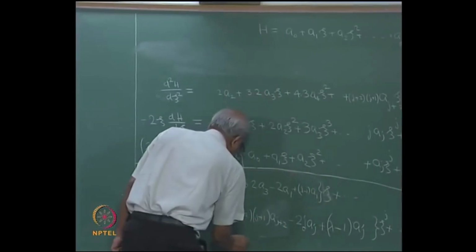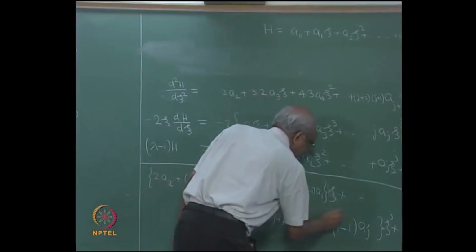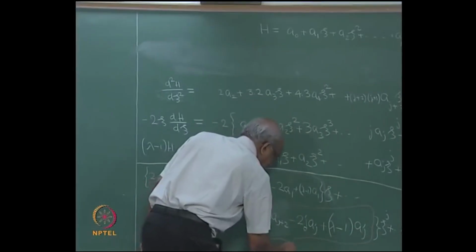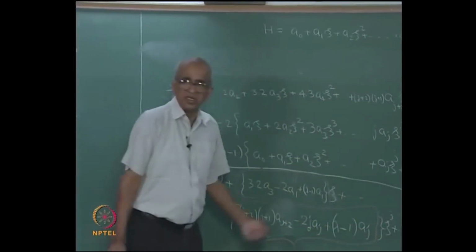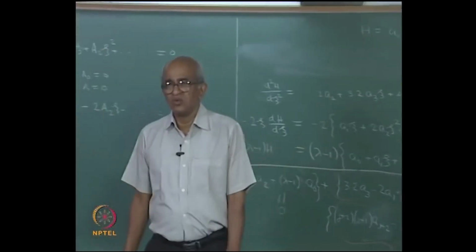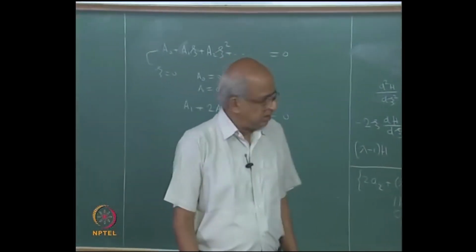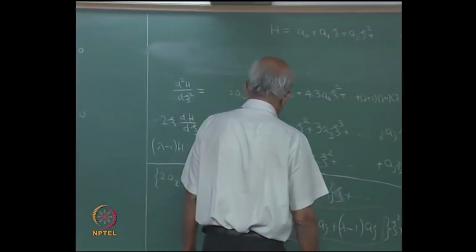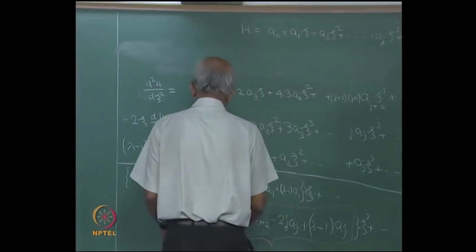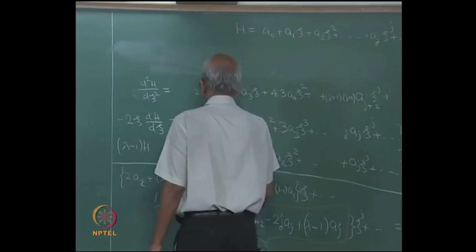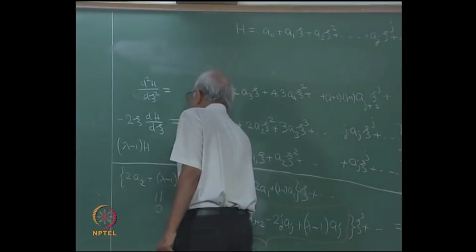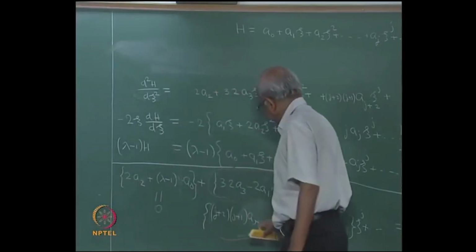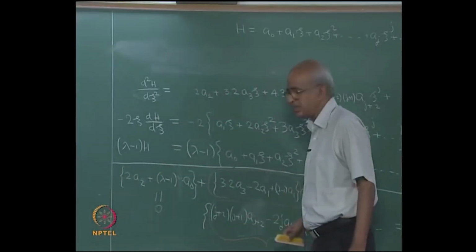So, in general this term, which is the coefficient of c to the power of j, must be 0. This is the only term that I actually need, this is the only condition that I need.